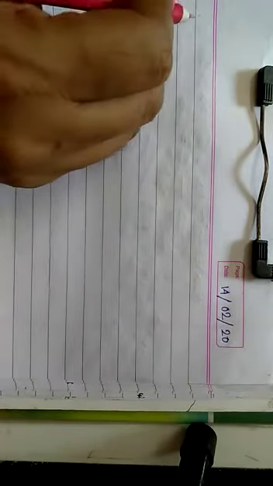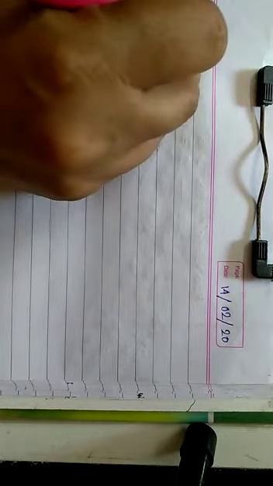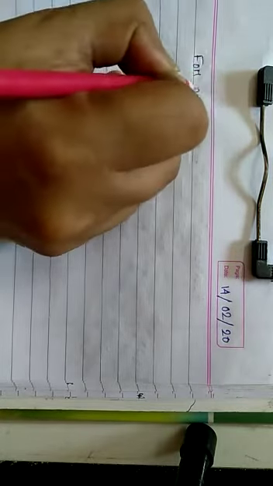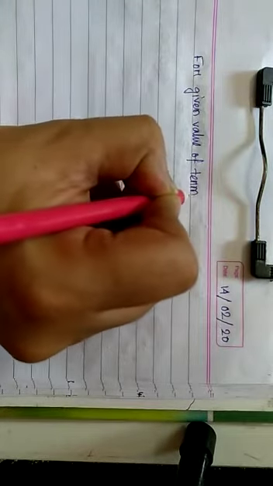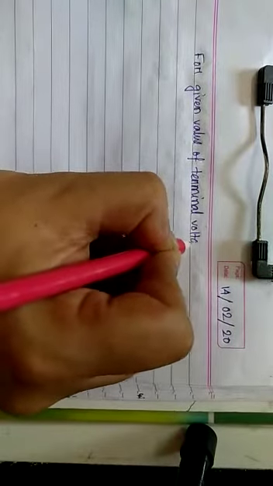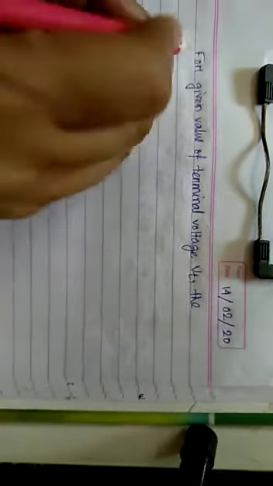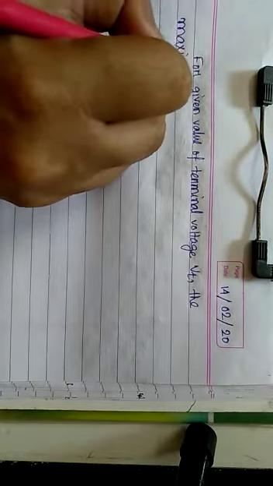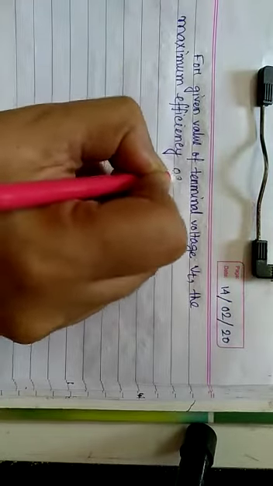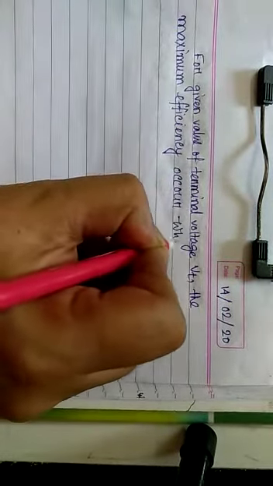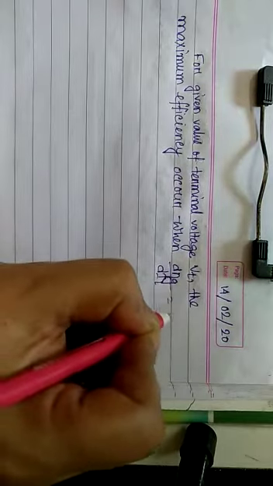Now, for a given value of terminal voltage Vt, the maximum efficiency occurs when the derivative of efficiency with respect to IL is equal to 0.